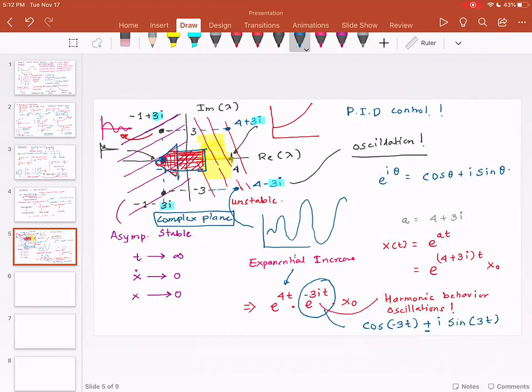You can also add maybe some damping element that will dampen the behavior of the system, and it does the exact same thing, moving the eigenvalues from the right hand side to the left hand side.